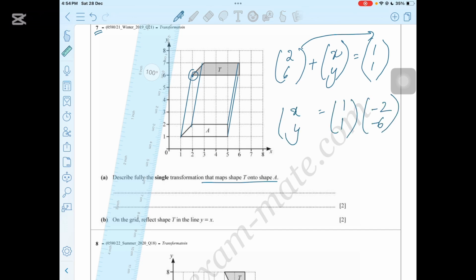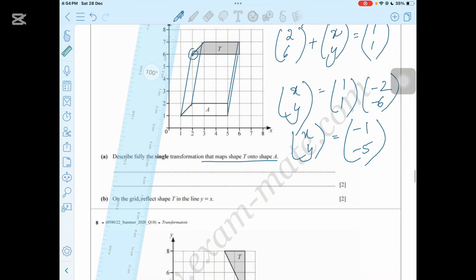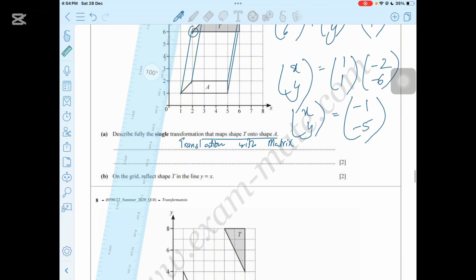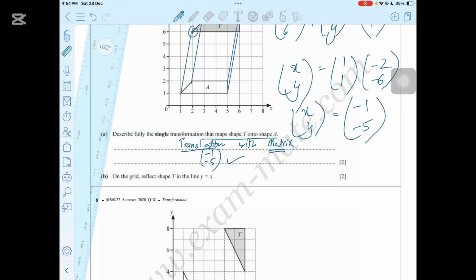So we get our translation matrix as (-1, -5). So this is a translation with matrix. The thing with translation is that we need only one thing, the translation matrix. So this would be (-1, -5).